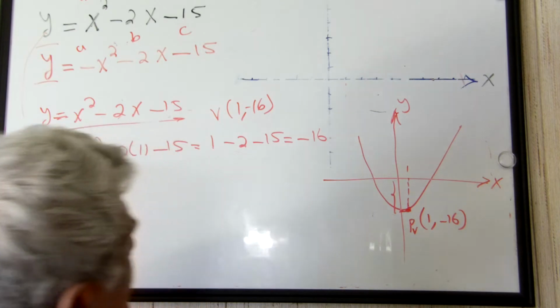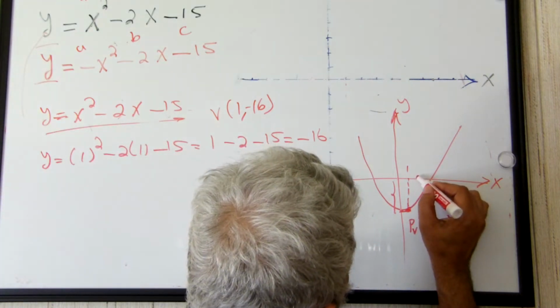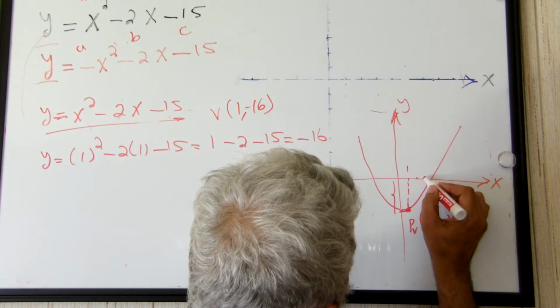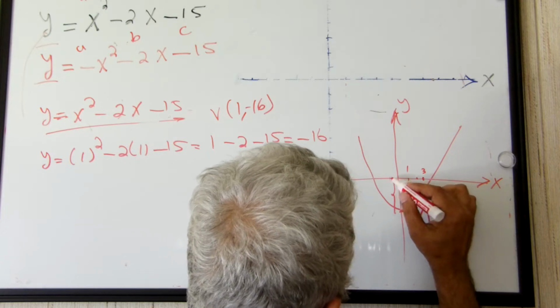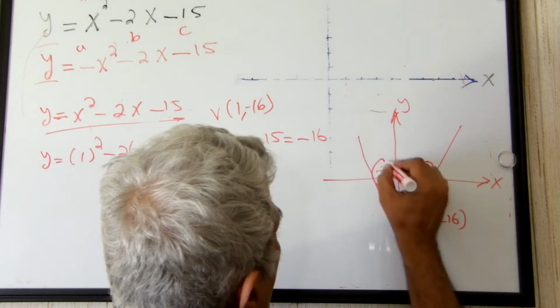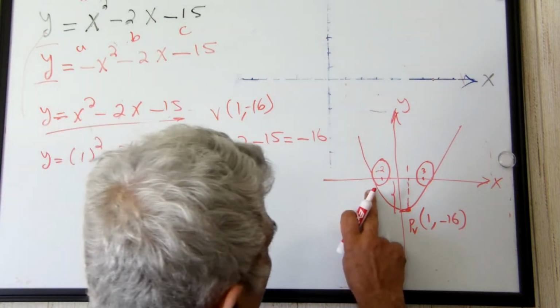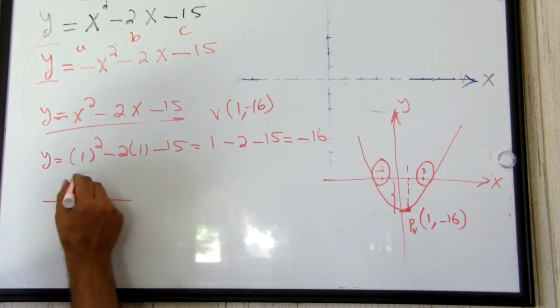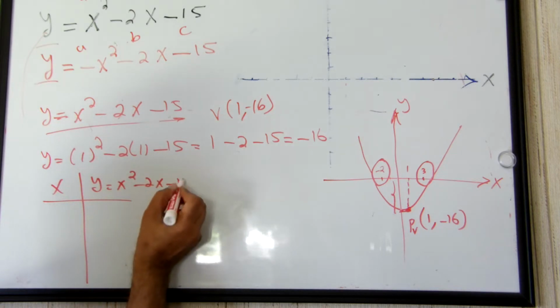Now let's find two more units, 3 and minus 1. Actually, we find the value of y at x equal to 3 and x equal to minus 2. So we set up a table of x and y, with y equal to x squared minus 2x minus 15.